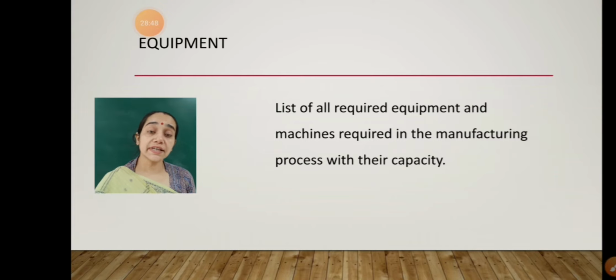All these things will also be included in the list of equipments, and along with the list of equipments, their processing capacity will also be written into this scheme of the master formula record. Under the heading of equipments, it will contain the list of all the equipments along with the manufacturing processes and their capacities.